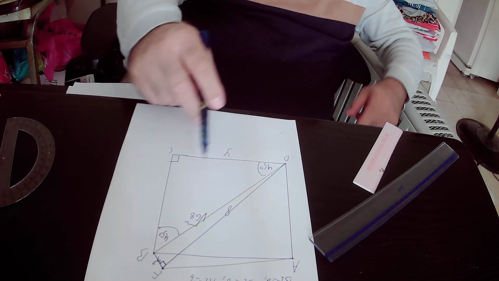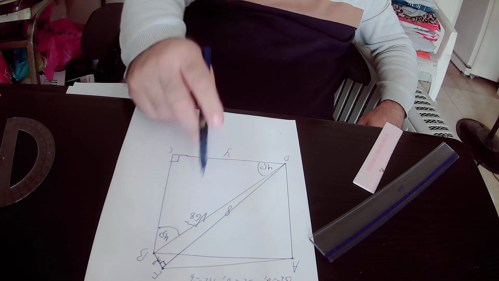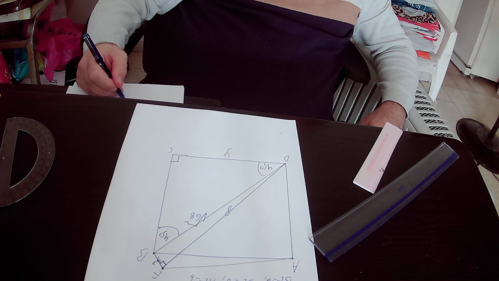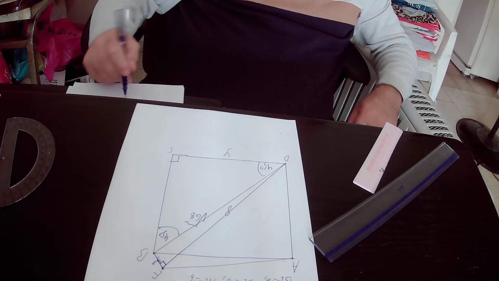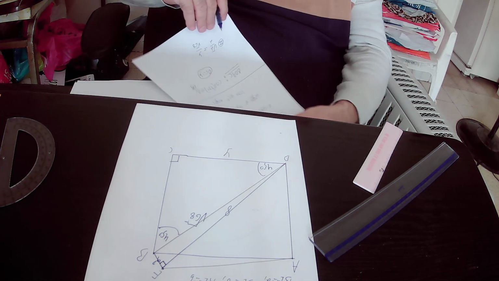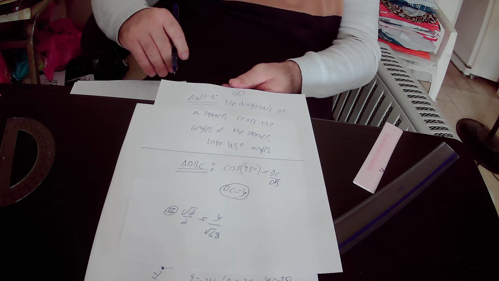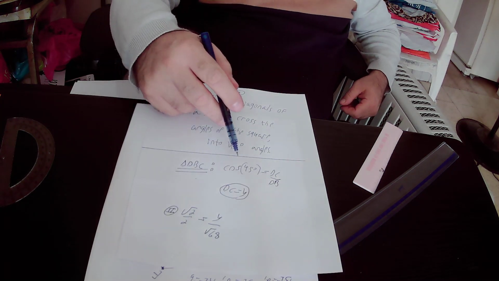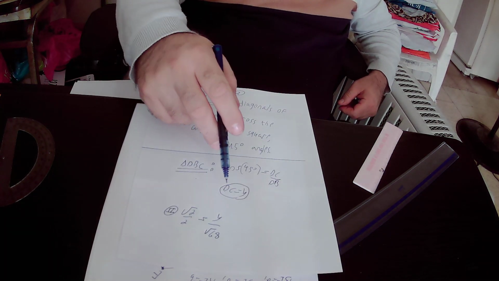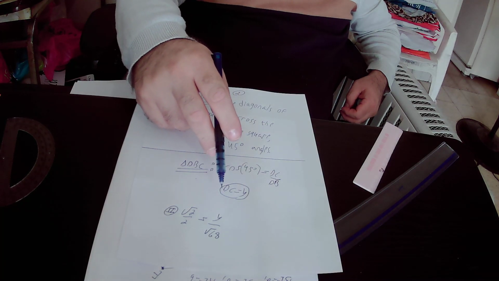We have already found out that DB equals the square root of 68. Okay, we got that root 2 over 2, that is cosine 45 degrees, equals y over square root of 68.